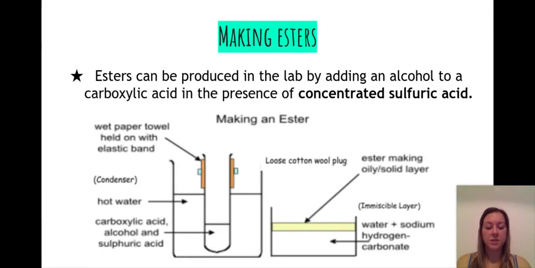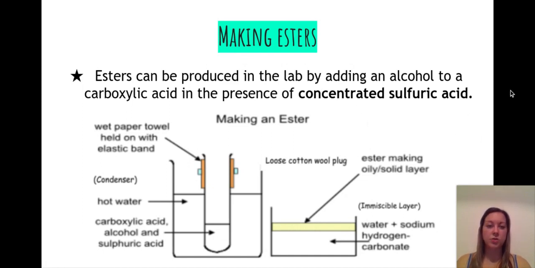Now, when you do this in the classroom, you will get to choose whichever alcohol and whichever carboxylic acid you like. Hopefully lots of people will do some different combinations, because one of the properties of esters is that they are very pleasant smelling. If you get a good combo, one of the combos produces a smell very similar to the flavouring in pear drops, so you can make some really, really nice smells.